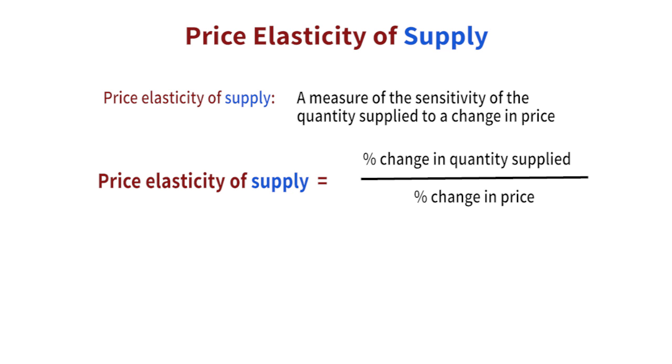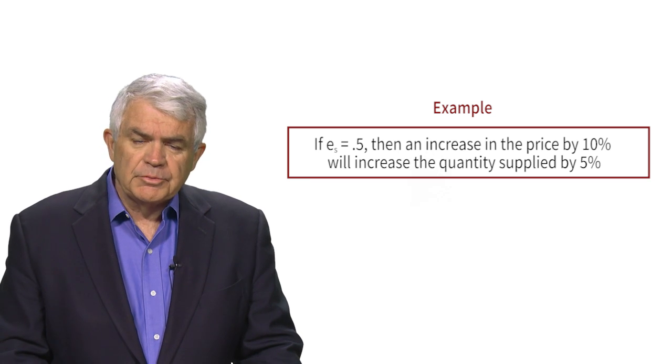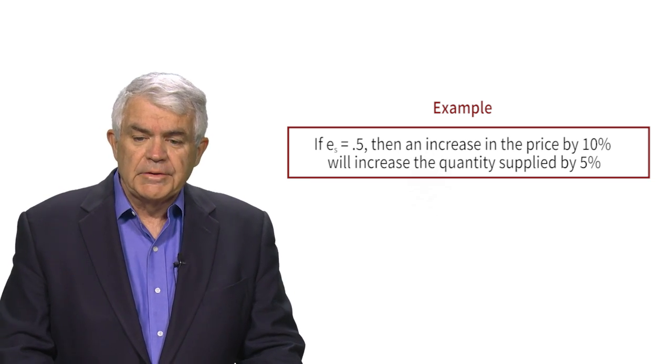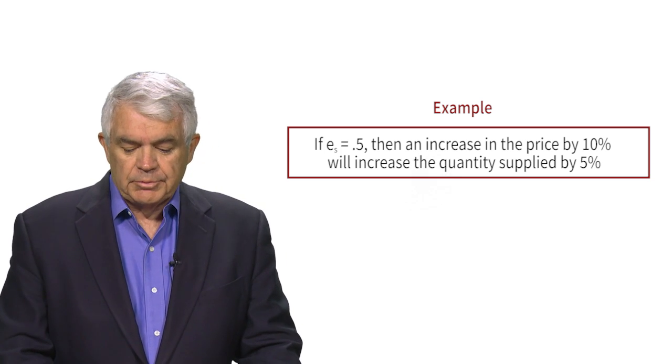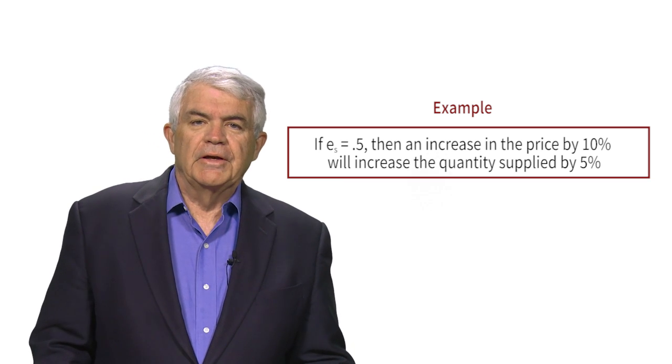So finally, consider an example. Suppose the elasticity of supply is 0.5, then an increase in the price by 10% will increase the quantity supplied by 5%. That's the 0.5 we're talking about in the definition.